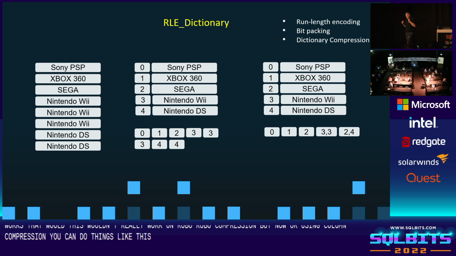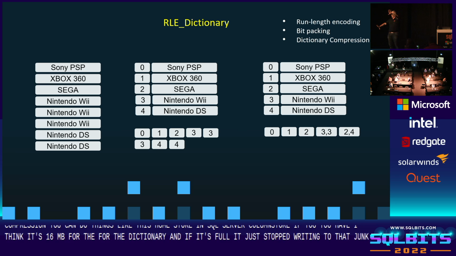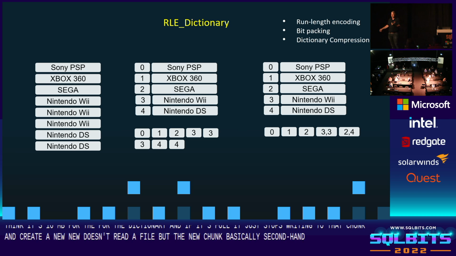Big difference with column store. In SQL Server column store, if you have, I think it's 16 megabytes for the dictionary, and if it's full, it just stops writing to that chunk and creates a new, it doesn't create a file, but a new chunk, basically, segment, or what is it called.